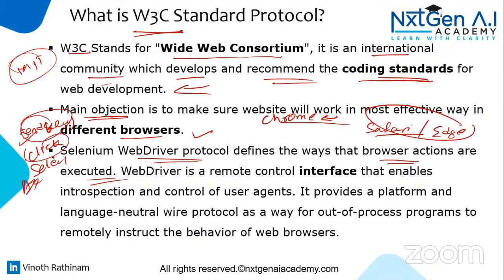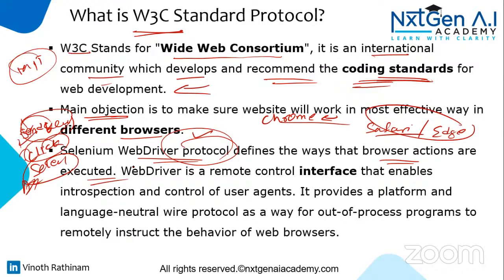These are all fixed ones. This is how you should handle a checkbox or radio button. It defines its own protocol based on how things are defined in web development. So when everything has a common understanding, automation is going to be easier in all the browsers, or else it won't work in all the browsers.